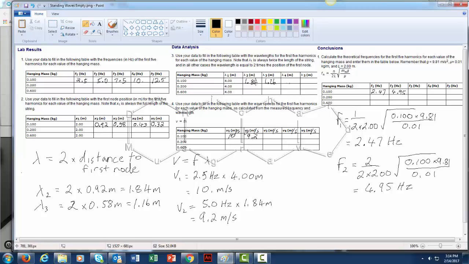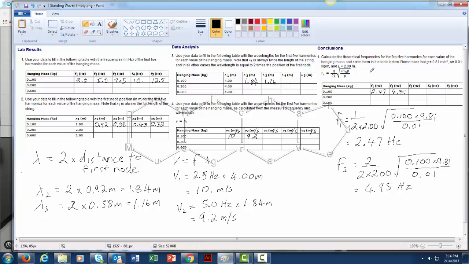So you take 2.5 and multiply it by 4, 5.0 and multiply it by 1.84, and so on and so forth throughout each of those calculations. You can see that I've done a couple of sample calculations there on how you get V1 and then V2, and you can continue on and get the rest of them for all the other values.